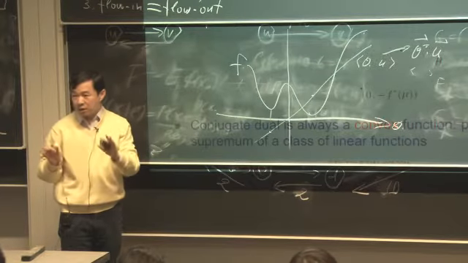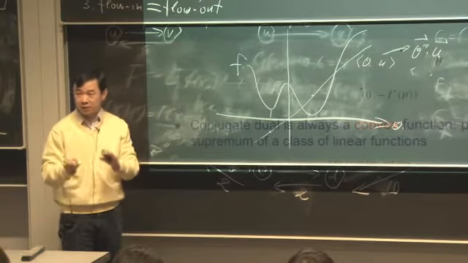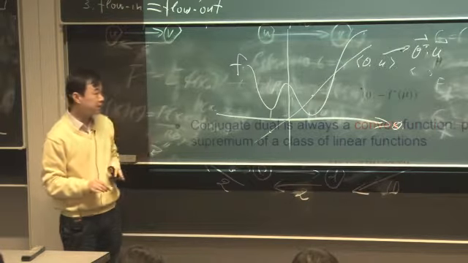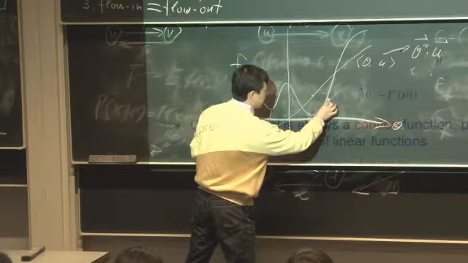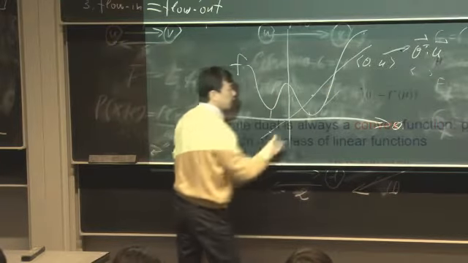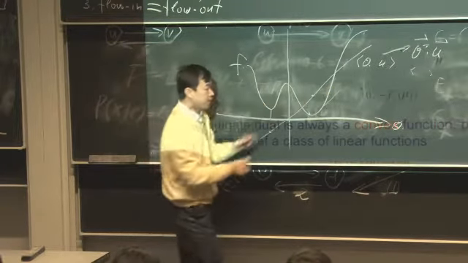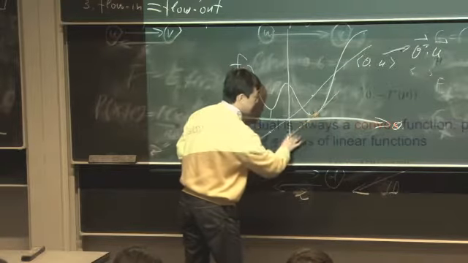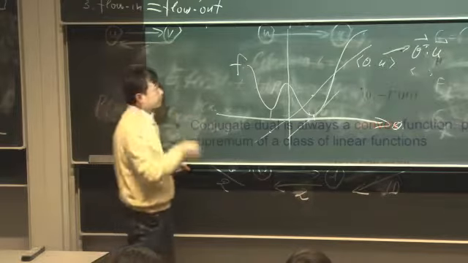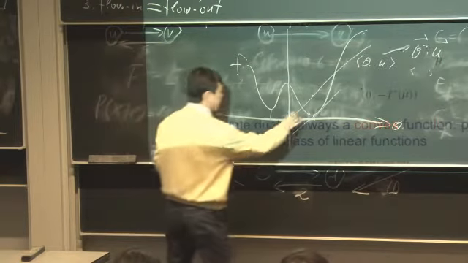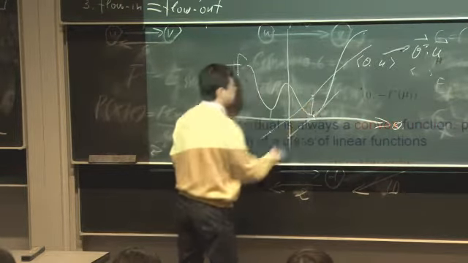You can go home and convince yourself. Now I tell you the result: where that distance is biggest, it is a curve that has the same slope as this line but touches here. So here you get the biggest distance between this and that.